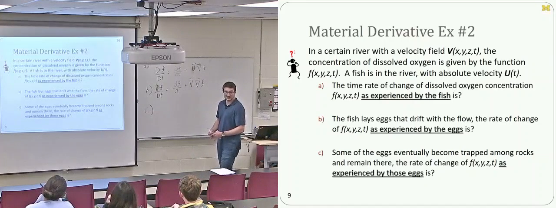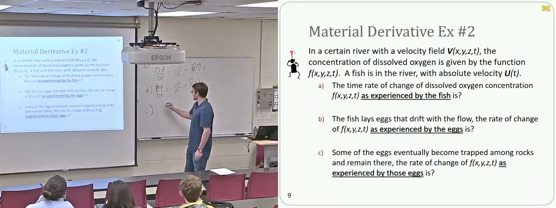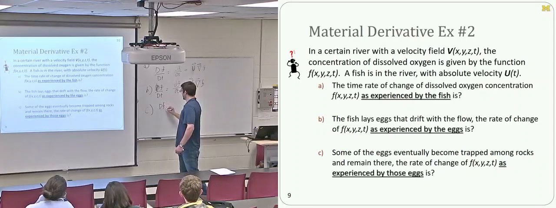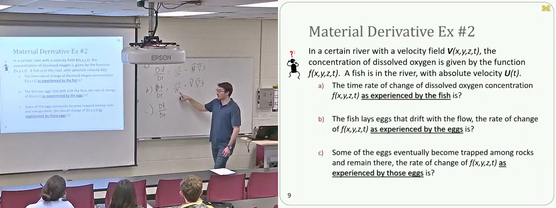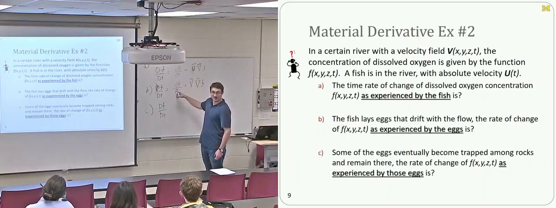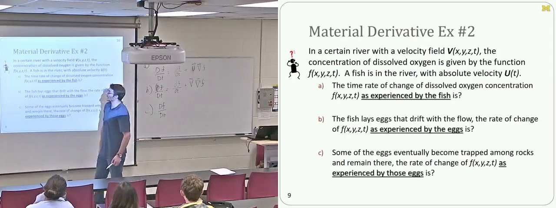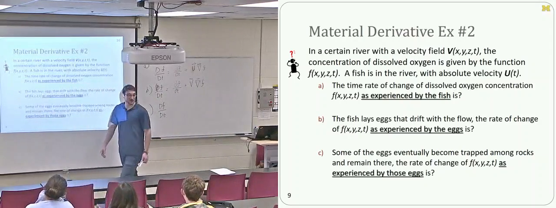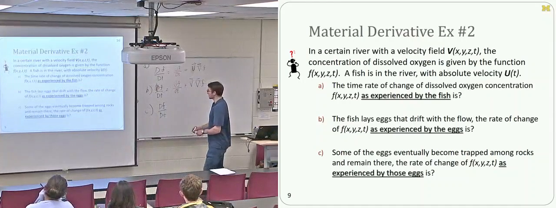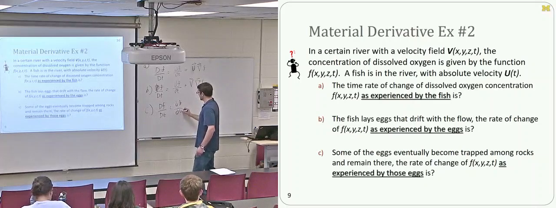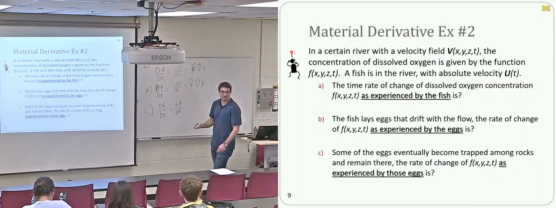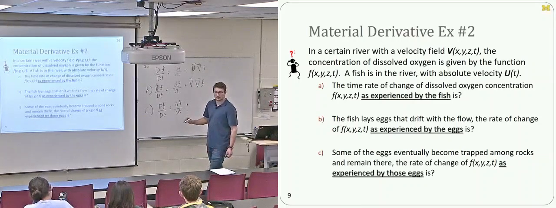It'll be just the partial f partial t term goes to 0, right? Well, why would this? Oh, wait, no. So we still don't know anything about the rate of change, right? So local is still there. So the velocity of the egg goes to 0, so the convective term is just 0 here.